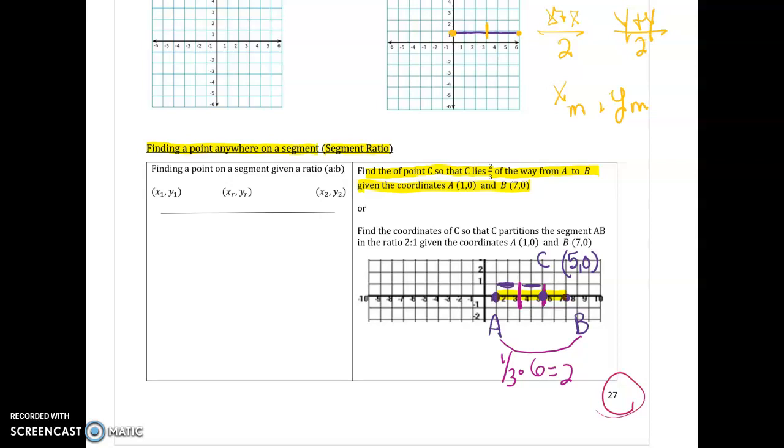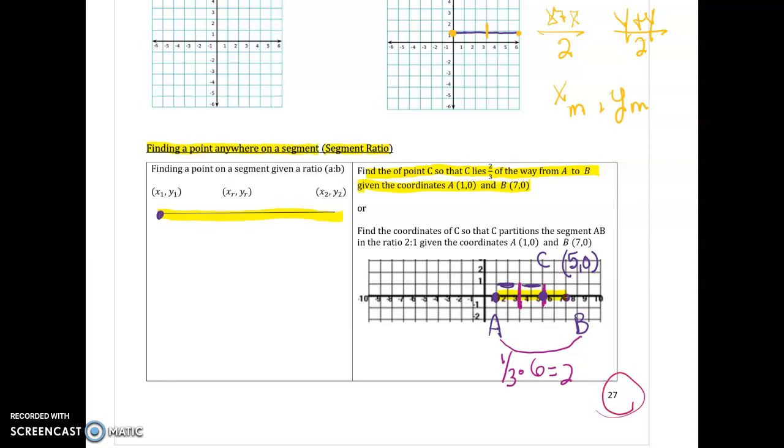Okay, so that's kind of what we're doing, but there's going to be a formula that just gets us there, because not all of our pictures are going to be a nice horizontal line, or if I rotated it, a vertical line. So how do you do that? Regardless of which way your line goes, left to right, up and down, or at a diagonal like an uphill or downhill, you're going to have a starting point, which we're going to call (x1, y1).